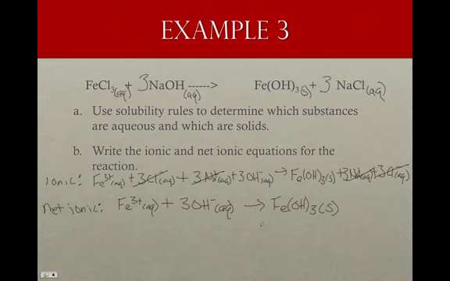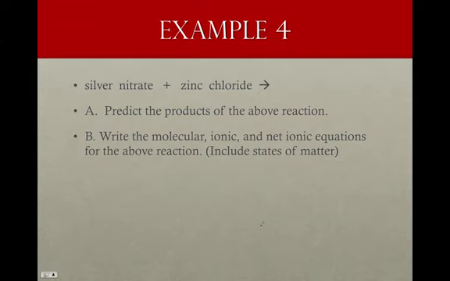And our last example, we're going to take everything we've done and include some stuff from previous units back to reactions. So silver nitrate plus zinc chloride, because we need to predict the products of the above reaction. Well, silver nitrate's a compound, zinc chloride's a compound. We have two compounds, so it becomes a double replacement reaction.